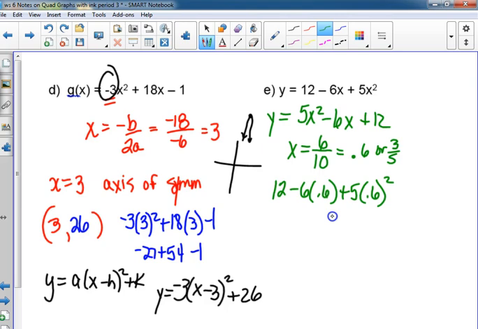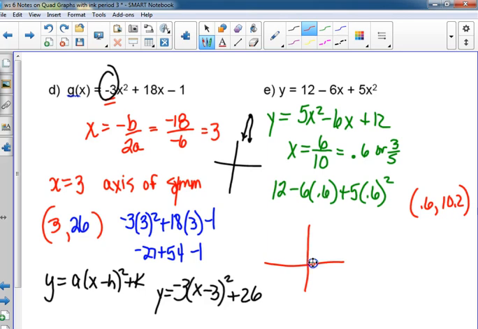I got 10.2. Did anybody else get 10.2? Okay. Did someone else get 11.4? Oh. Did you figure out what you typed in wrong? Okay. So the axis of symmetry is at x equals 0.6.